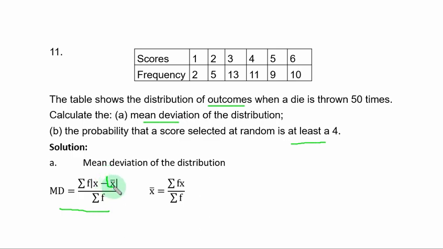The first step is to get the mean, and that is summation fs over summation f. So you need to create another table, and the column for fs will be included for us to get the mean before looking for the mean deviation.